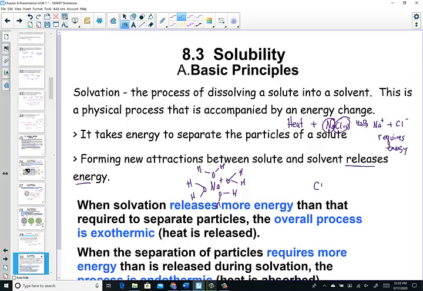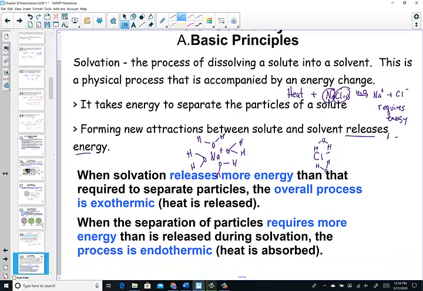And of course, the chloride with its negative charge is going to be surrounded by the positive hydrogens on the water molecule, and that's a stabilizing force. Therefore, it releases energy. That process that releases more energy than required gives us an exothermic reaction overall.